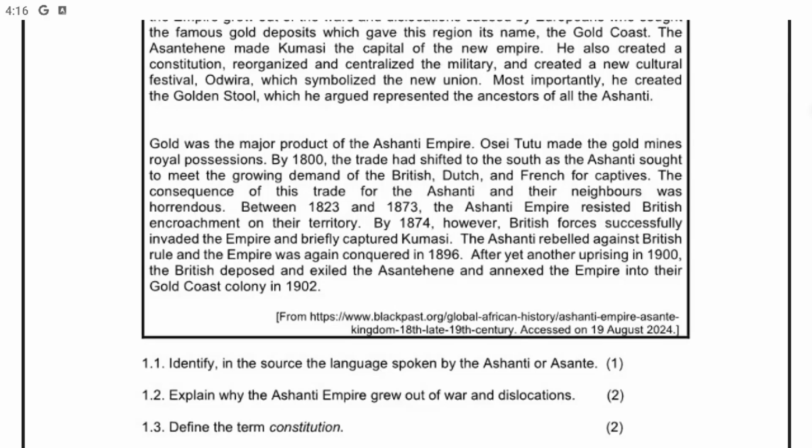By 1874, however, British forces successfully invaded the empire and briefly captured Kumasi. The Ashanti rebelled against British rule, and the empire was again conquered in 1896. After yet another uprising in 1900, the British deposed and exiled the Asante and annexed the empire into their Gold Coast colony in 1902.